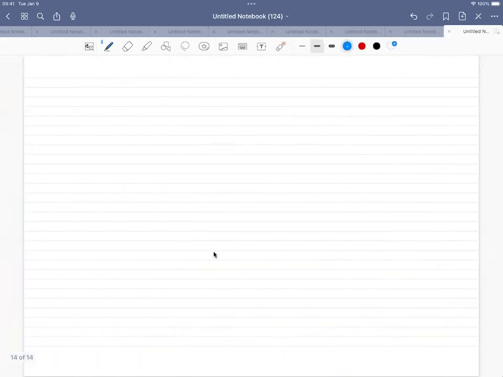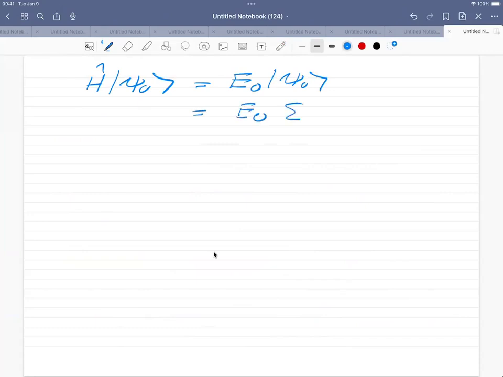Now, what we end up with when we look at our Hamiltonian problem, if we use this basis which we have and look at H acting on psi 0, is that this is equal to the energy of the ground state multiplied with psi 0. And this is nothing but E, and then we have a sum over all these particle-hole combinations.